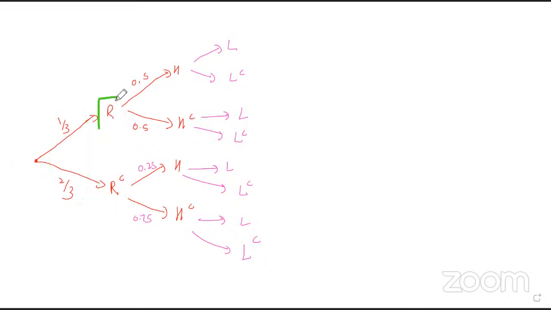Now considering this rain as your new sample space, you are splitting it into two parts, so it adds up to 1. Considering a non-rainy day as your new sample space, you are splitting it into two parts, so it will also add up to 1.